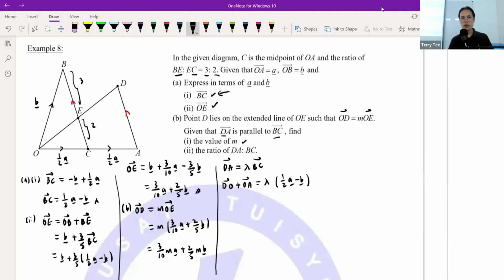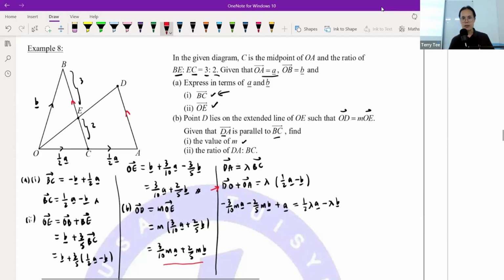Now my DO and OD, they're opposite. I'm finding DO, so we just put a negative: minus 3/10 m a minus 2/5 m b. You need to put a negative in front because DO is negative of OD. And my OA, we know our OA is just a. Multiply this inside, half lambda a minus lambda b.